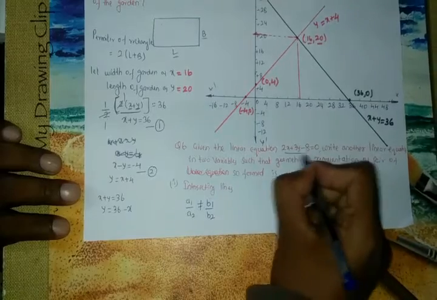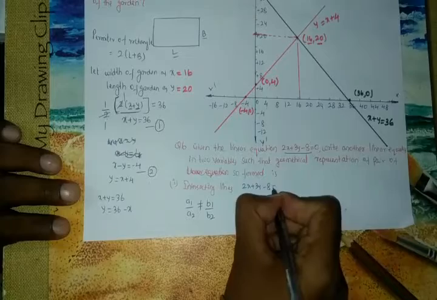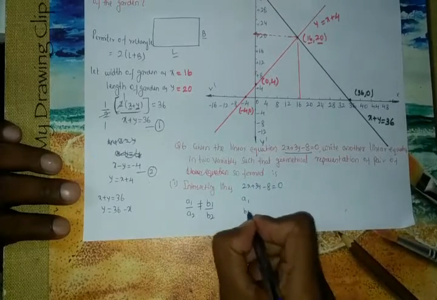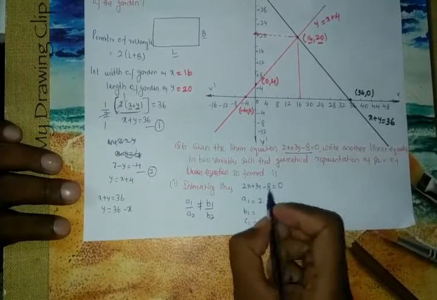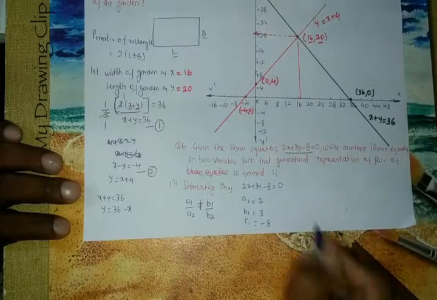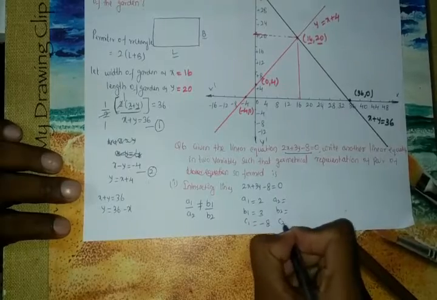So we have given the equation 2x plus 3y minus 8 equals to 0. So we have a1, we have b1, we have c1. So a1 is 2, b1 is 3, and c1 is minus 8. We require a2, b2 and c2.